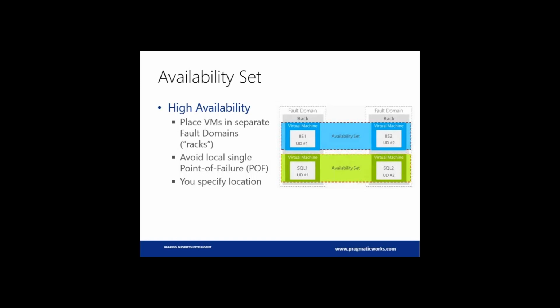Also, setting up an availability set lets you avoid a single point of failure. If you don't set up an availability set and your machine goes down, what's that going to do for your business or your processes? Now, Microsoft is not going to shut down your VM without telling you. Just last week, I got an email saying, hey, we're going to be doing some maintenance that's going to be affecting VMs.